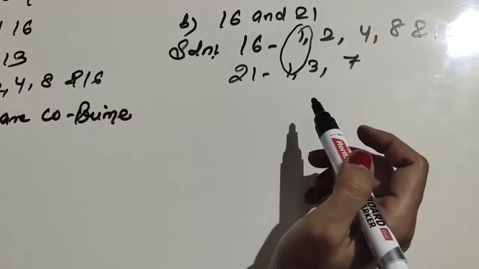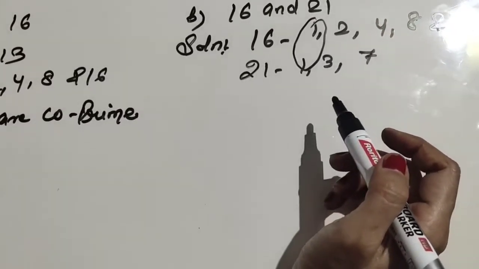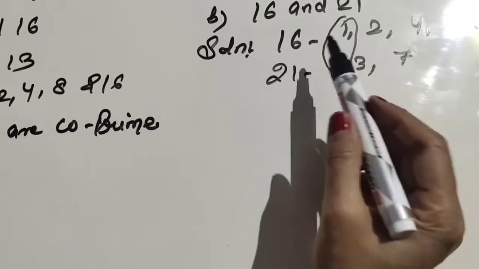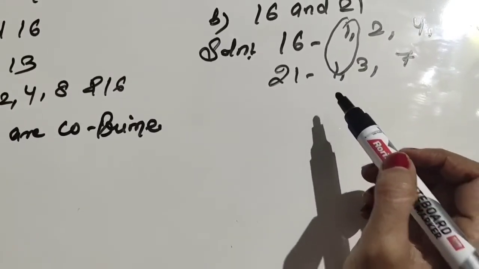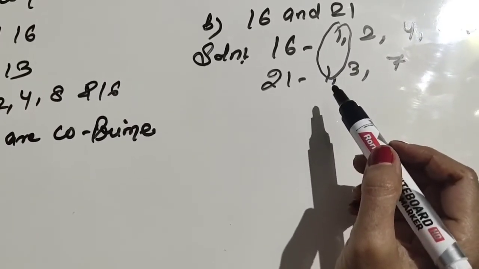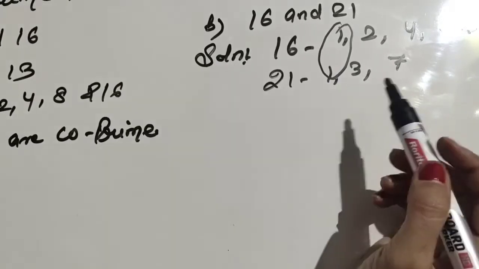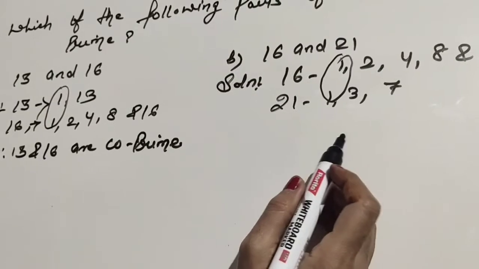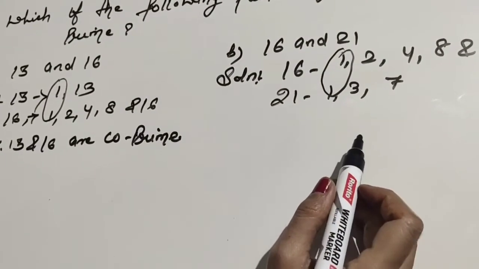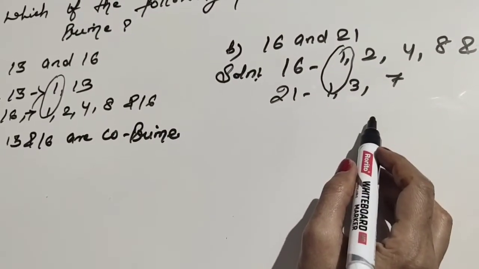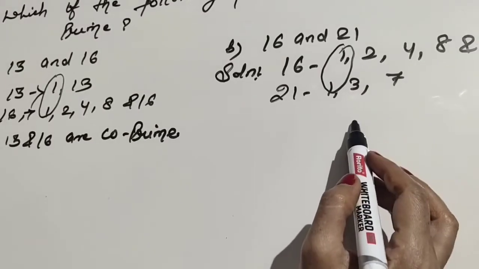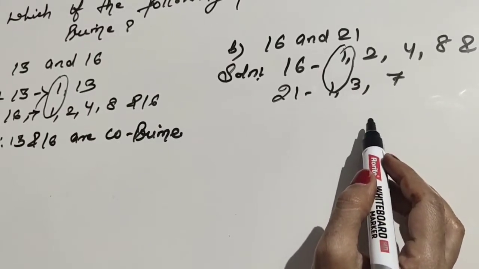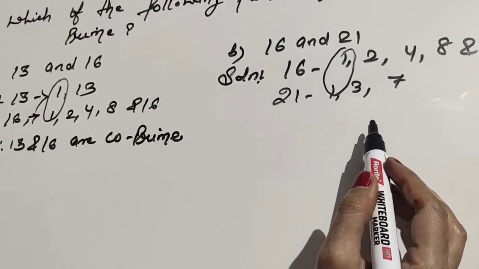So what we have to write clearly: 1 is the only common factor of 16 and 21. Therefore 16 and 21 are co-prime.